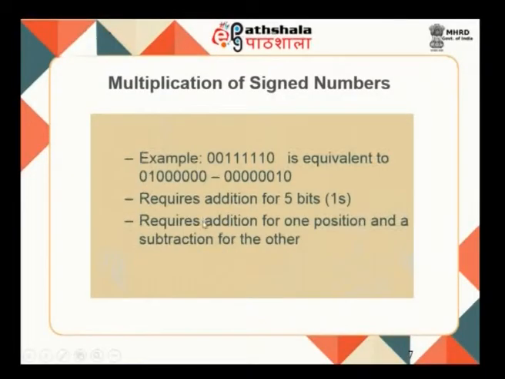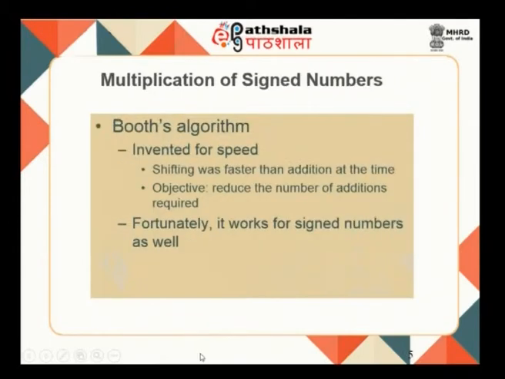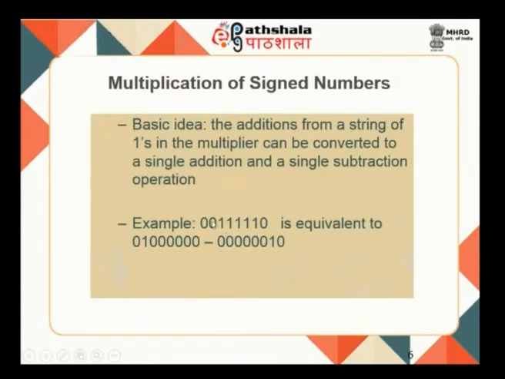Say for example, if you are looking at a number here, you have a series of ones, 5 ones, 1 1 1 1 1, and you have a 0 here and a 0 following that. Whenever you have a change happening, you have a change from 0 to 1 happening here, and a change from 1 to 0 happening here.